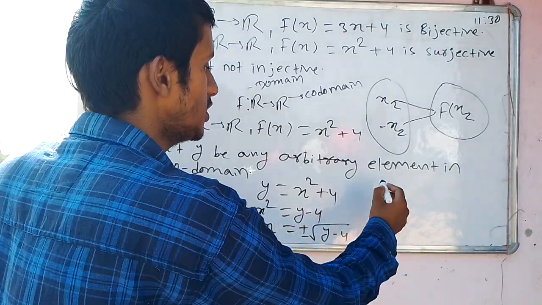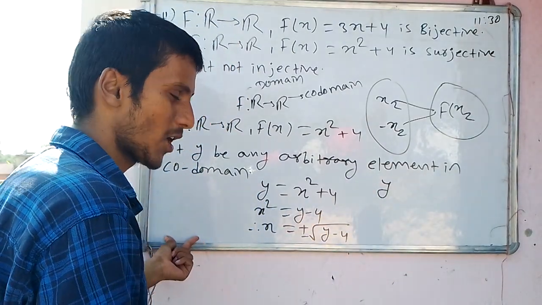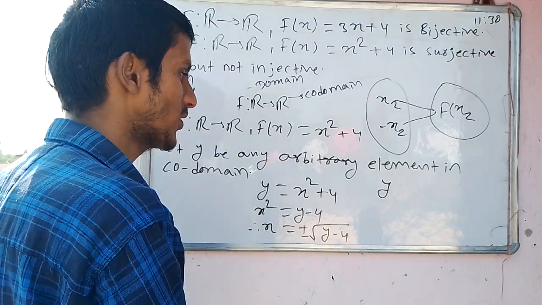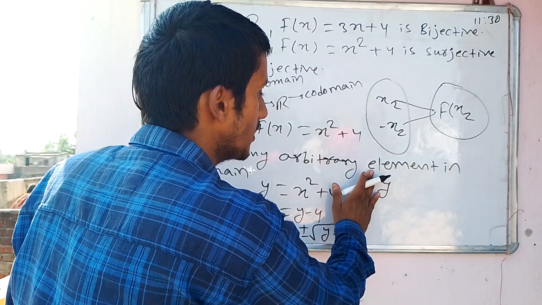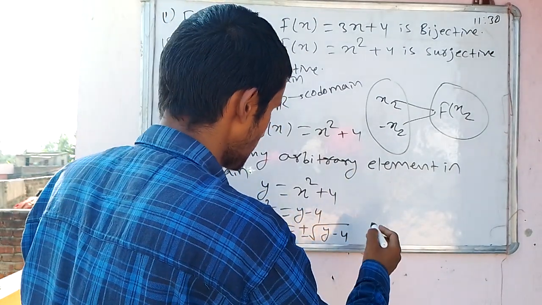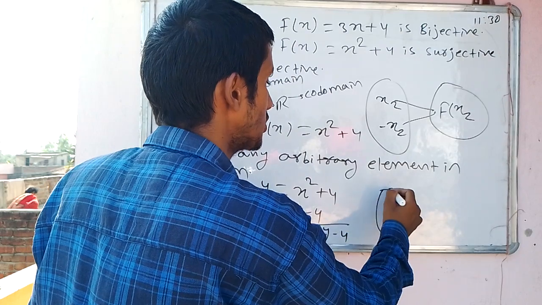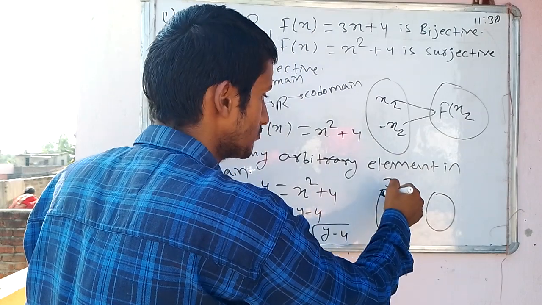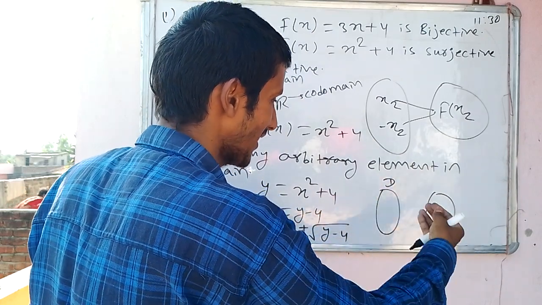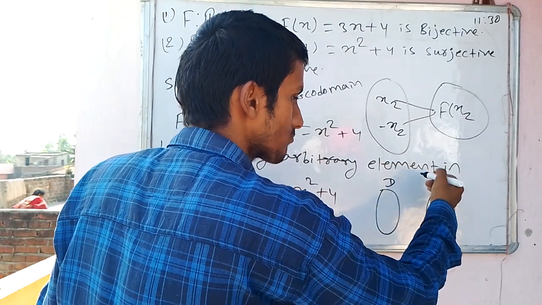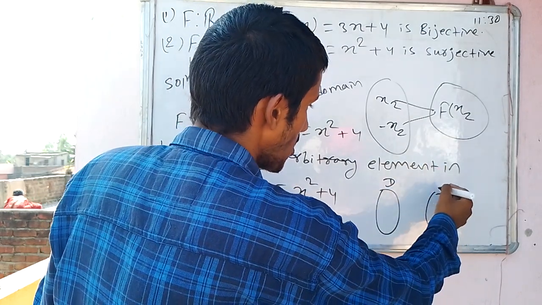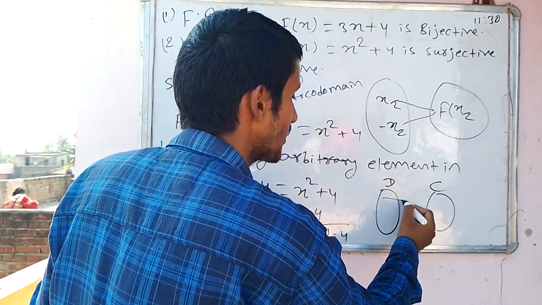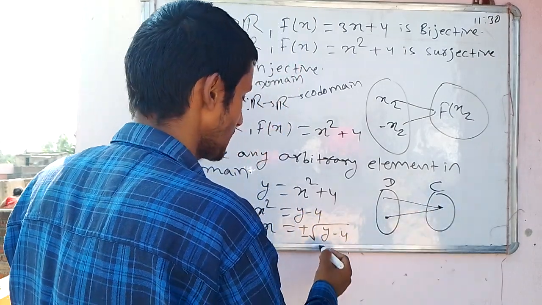It means that for each y there exist, actually two answers here. But whether you get one answer or two answers, it's fine for surjection. It means there is an element in the domain such that f of that element, let's call it x, f of x is equal to y. In fact, for this case there are two elements, plus or minus.